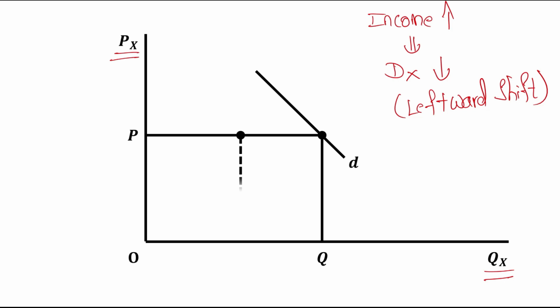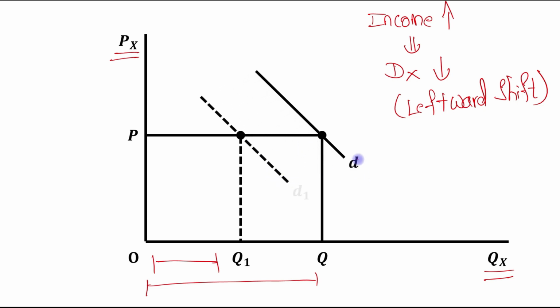तो पहले तो हम इस तरीके से इसको शो करेंगे कि अगर पहले आपकी डिमांड थी OQ, अभी वो रिड्यूस हो गई है टू OQ1. और this will lead to a leftward shift in demand curve from D to D1. Leftward shift. Clear?